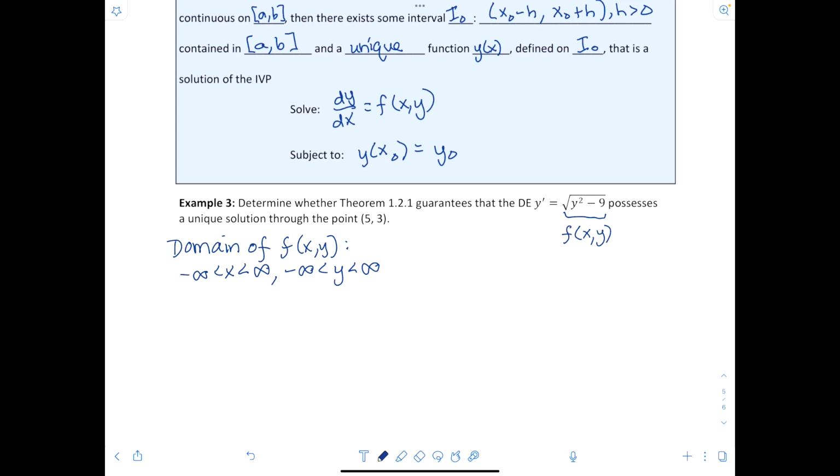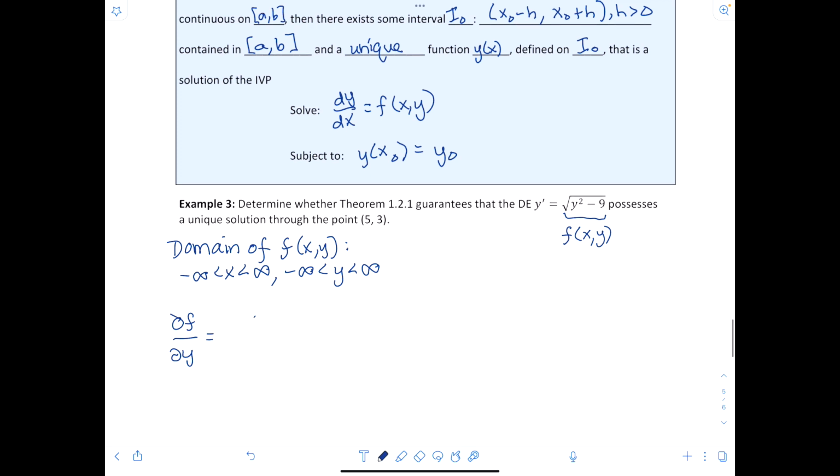So if we take a look at the first partial of f with respect to y, we're looking at the square root of y squared minus 9.